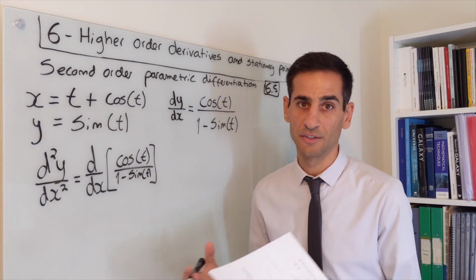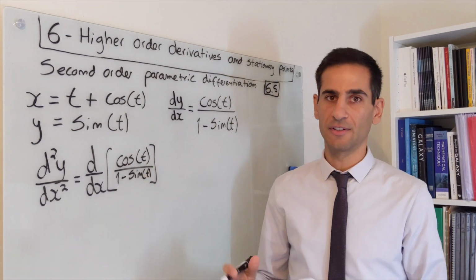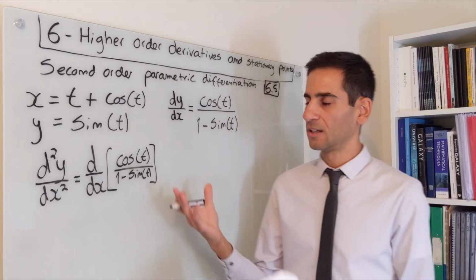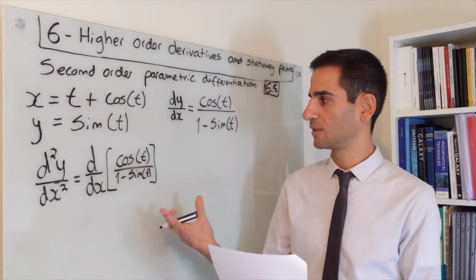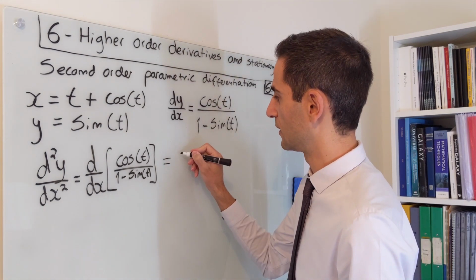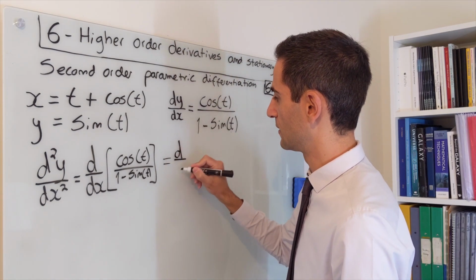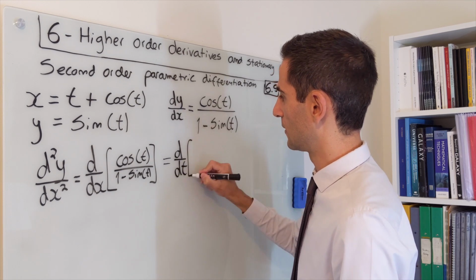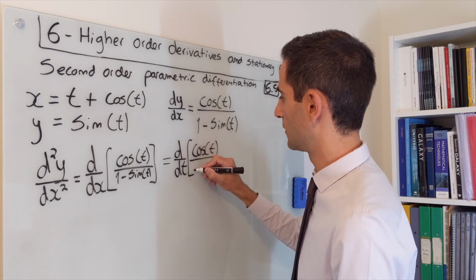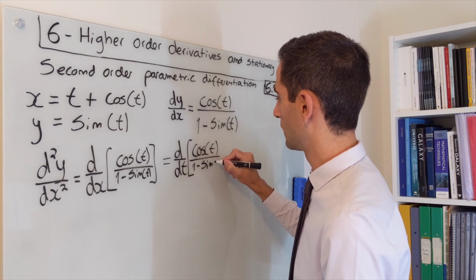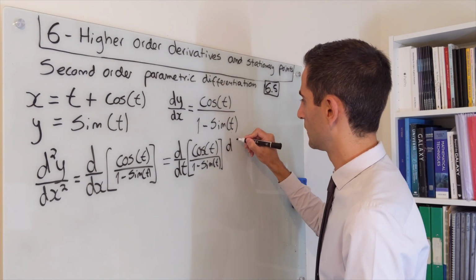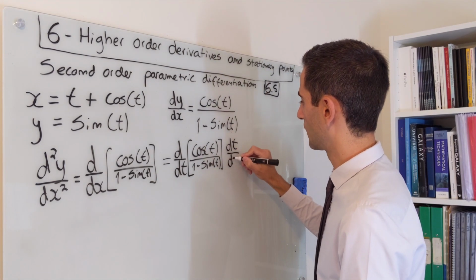This is where your knowledge of chain rule and very soon quotient rule really come into play and really help you. Now, in this way, we need to use a chain rule, and essentially we can write that this is the same as d/dt of the expression we have, that's cos of t over 1 minus sine of t, times dt/dx.